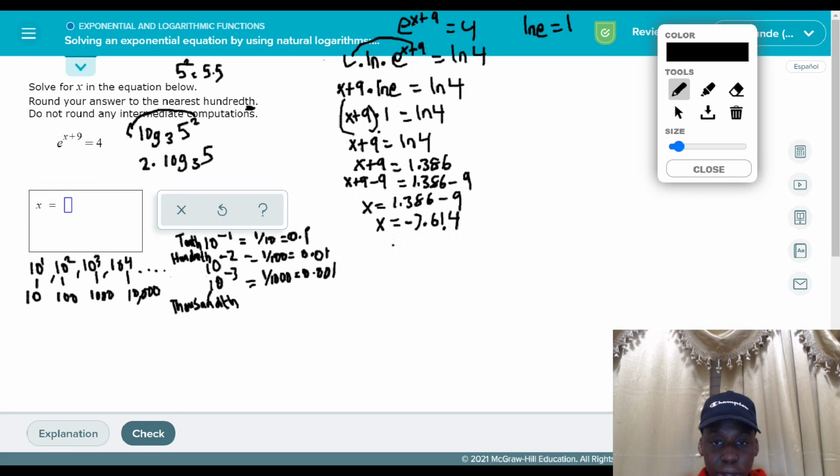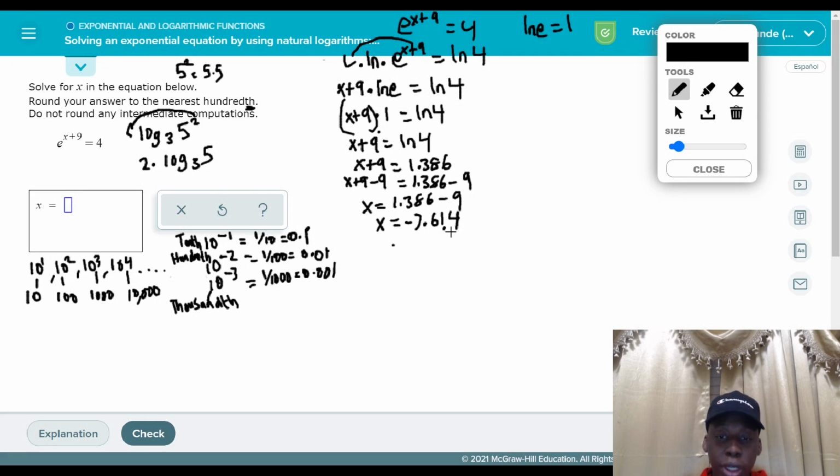Based on that, we ask ourselves, what is the number after this second digit? The number after the second digit is 4 in this question. Because we're going to round the answer, we ask ourselves, is that number after the second digit, which is 4 here, greater than or less than 5?